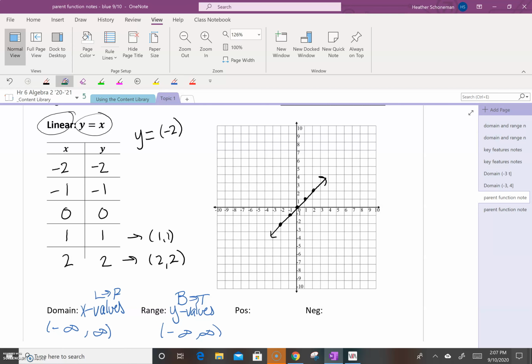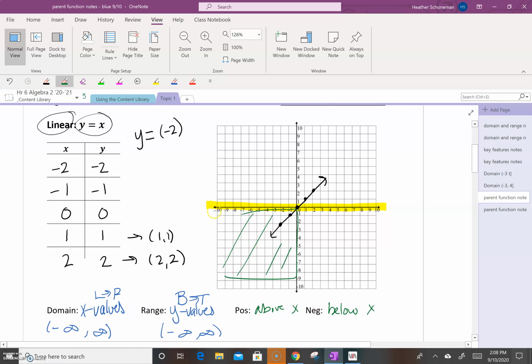On these notes, I'm going to ask about different key features just so we can review. Positive intervals is where it is above the x-axis, and negative intervals is where it's below the x-axis. If we chop our graph in half, this section over here on the left is below, so that is negative.